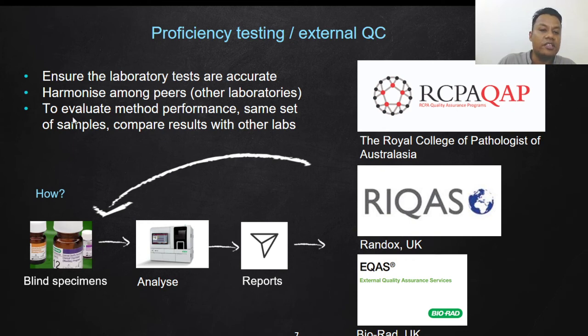I mean, before they send the specimen to us, they already know the value of that result. So now they want to look at whether we have the ability to reproduce the same value, and also they will compare our result with other labs.